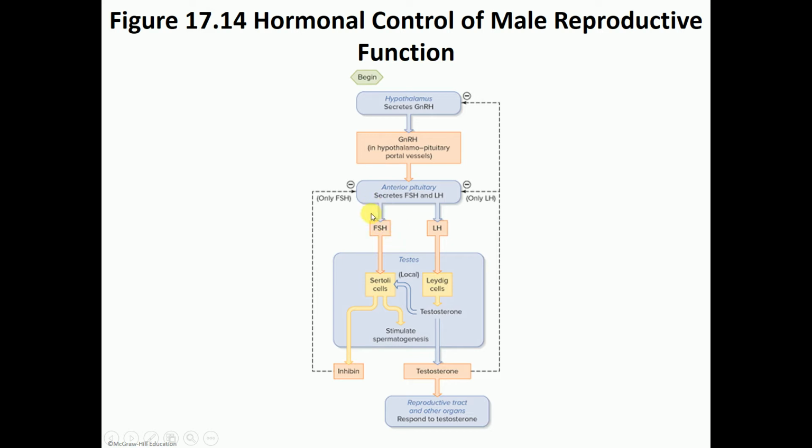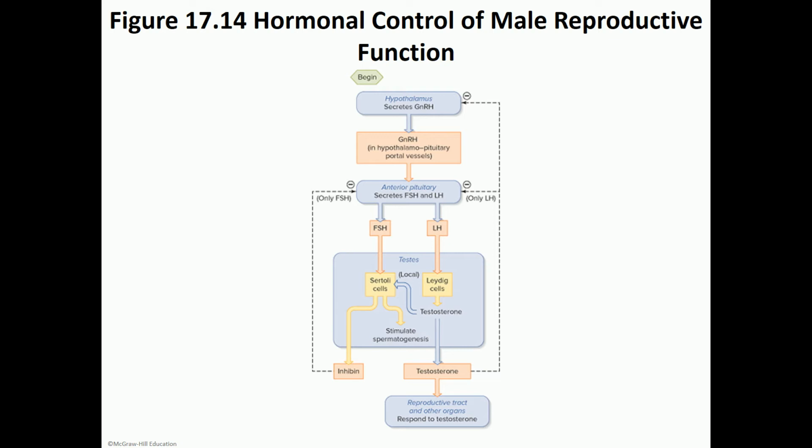FSH, through the circulation, will reach the testis and stimulate Sertoli cells to start the whole process of spermatogenesis. Sertoli cells do not themselves mature into sperms, but Sertoli cells produce paracrine hormones and they're pretty much supportive of the primary and secondary spermatocytes and so on.